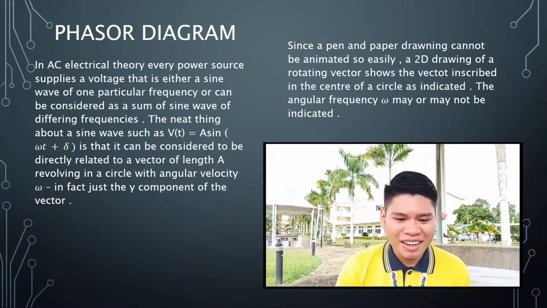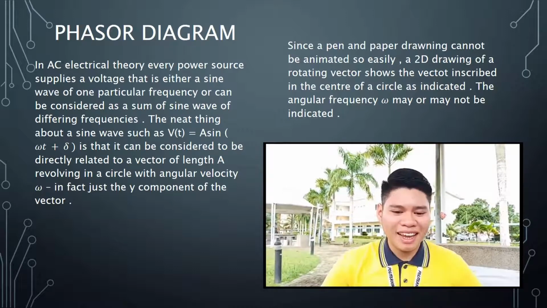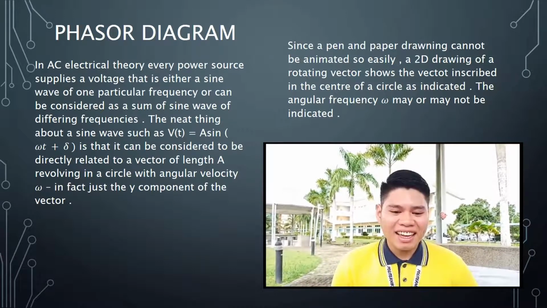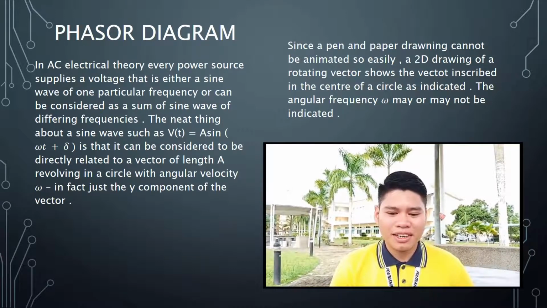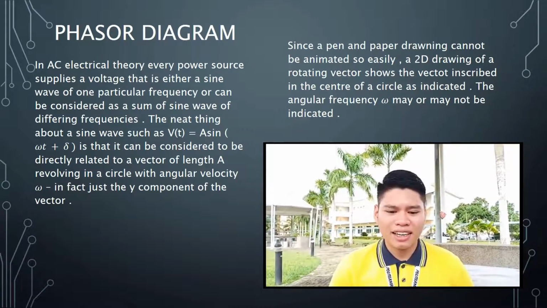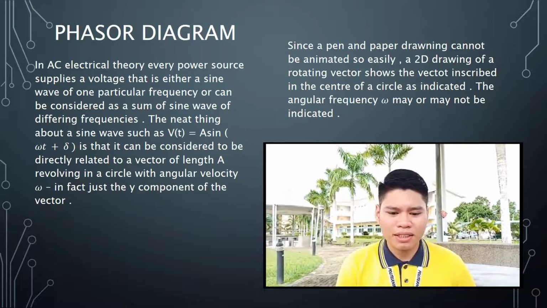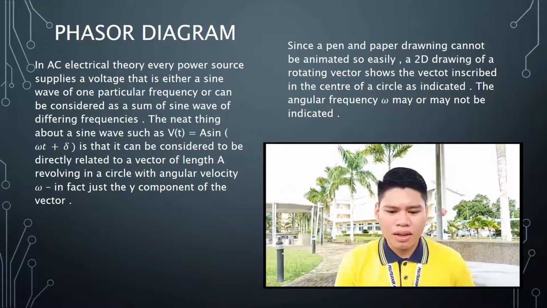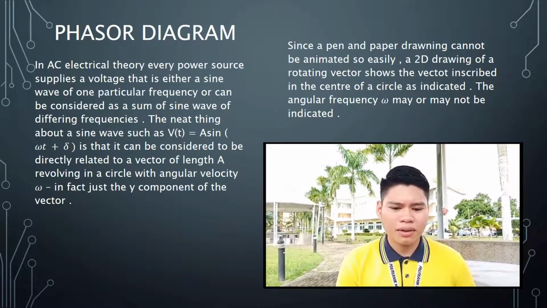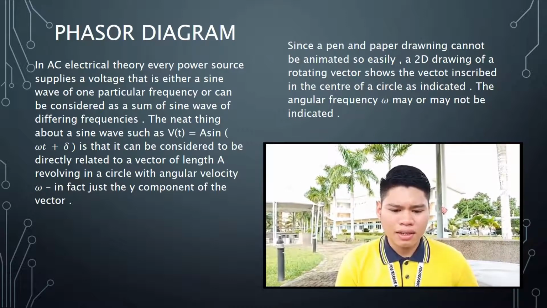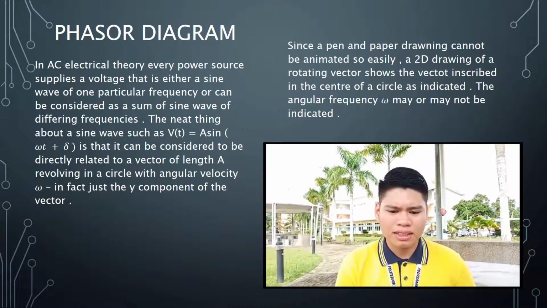Since a pen and paper drawing cannot be animated so easily, a 2D drawing of a rotating vector shows the vector inscribed in the center of a circle as indicated.